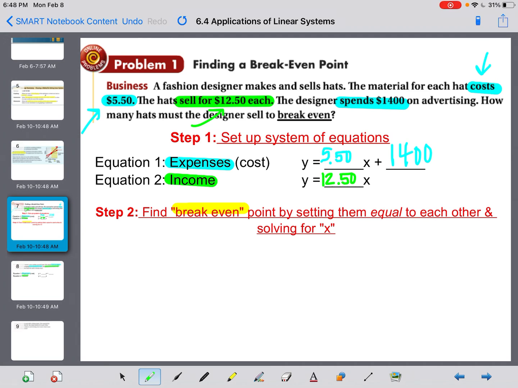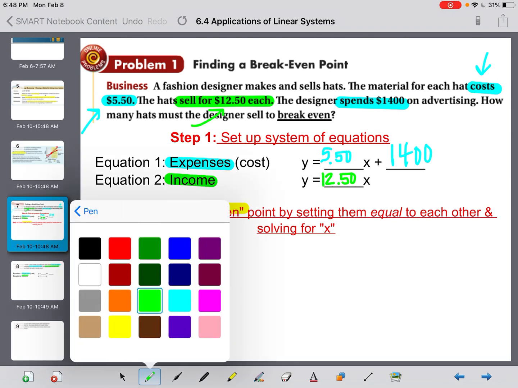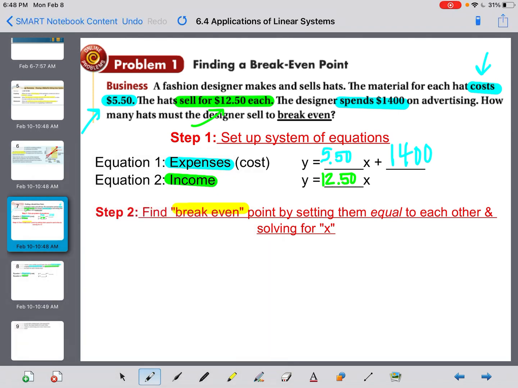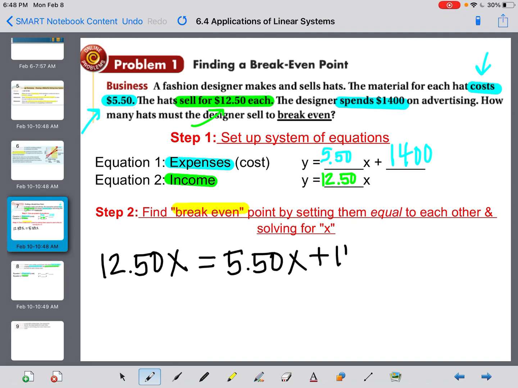So we're going to set these two equations equal to each other. It's kind of like substitution. I know y is the same as 12.50 times x. So I'm plugging that in and setting it equal to 5.50x plus 1,400. I now only have x's to solve for.